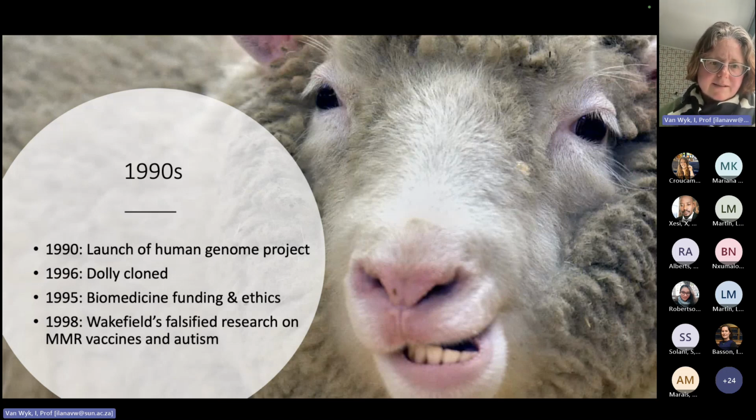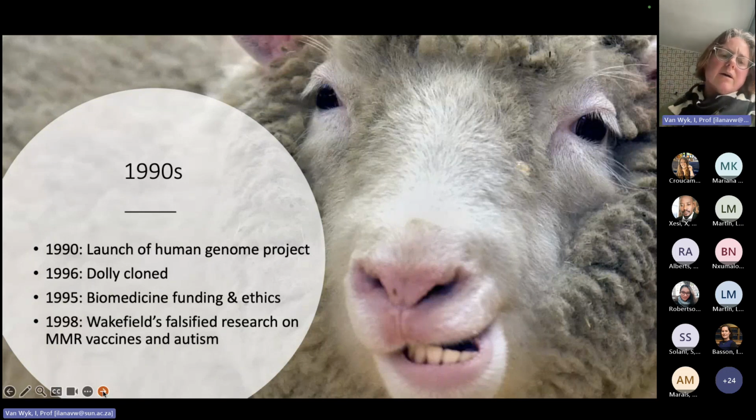And then very famously, and it's something that we saw the aftermath of during COVID, in 1998, Wakefield's falsified research in which he drew a connection between MMR vaccines and autism. It was proven to be false, but that specific paper had a massive impact on public health, and we can still see it to this day.